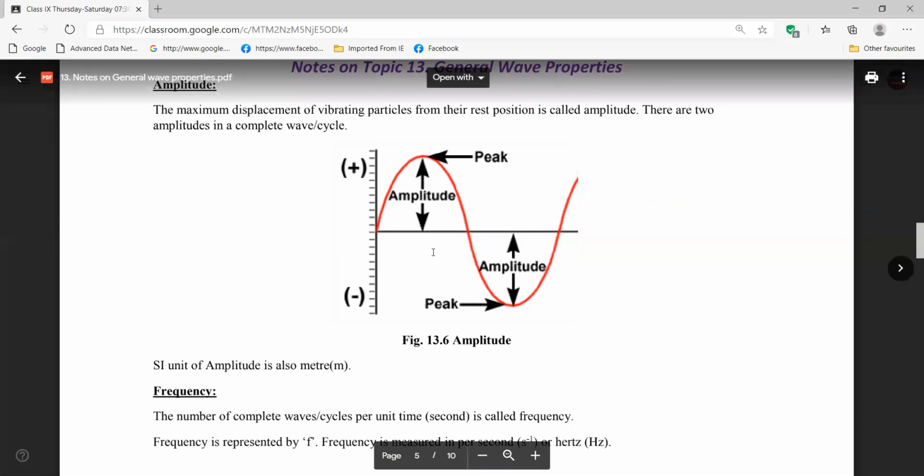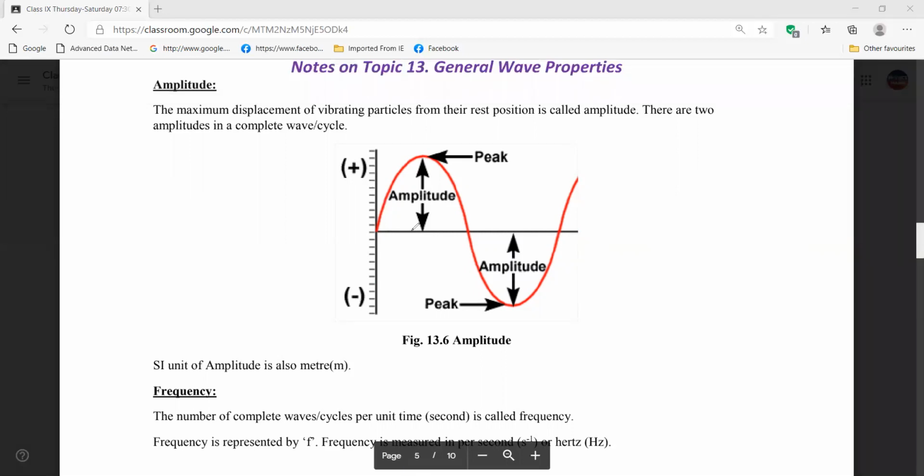Look, in this diagram we are showing amplitude. This is the particle's rest position. Can you see this line? This is the particle's rest position.